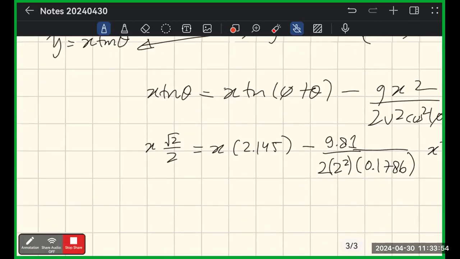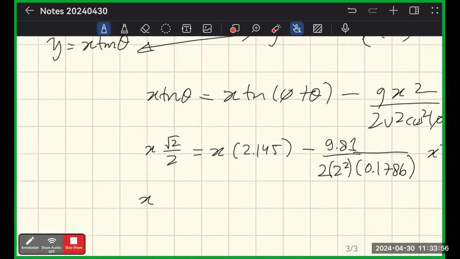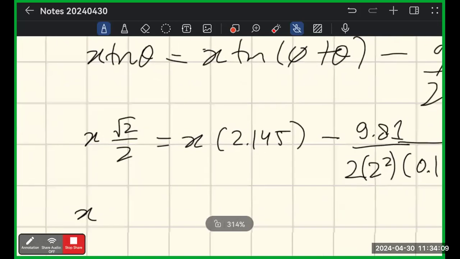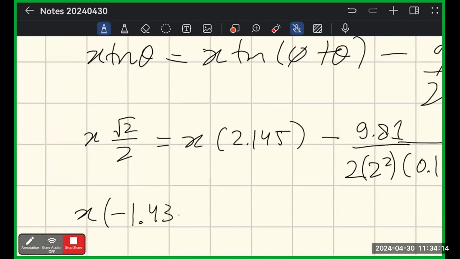So you have x times the root 2 over 2 minus 2.145, x times minus 1438. Why?